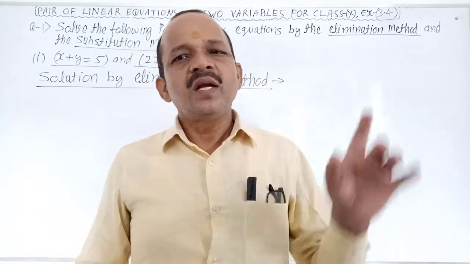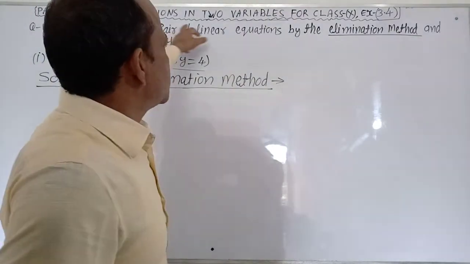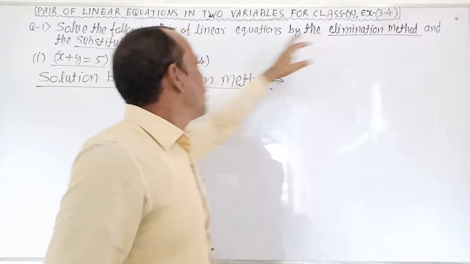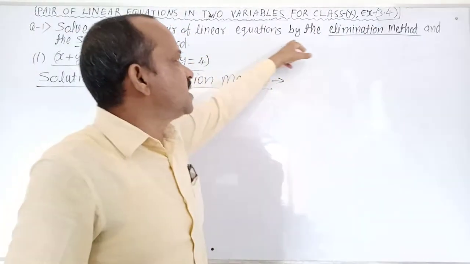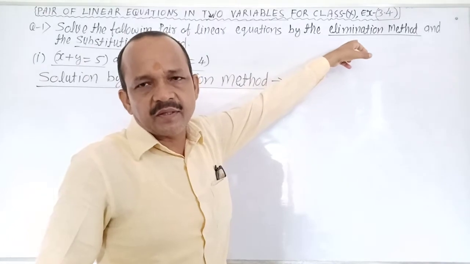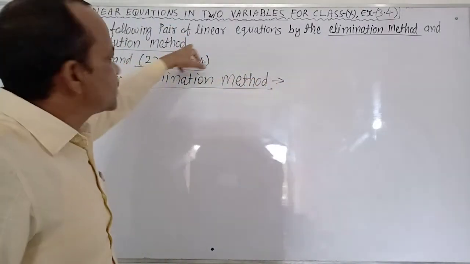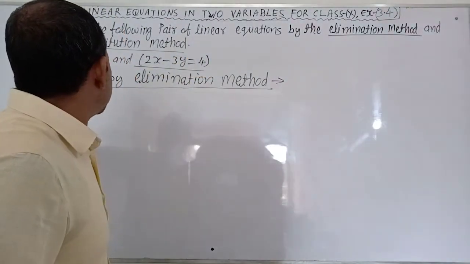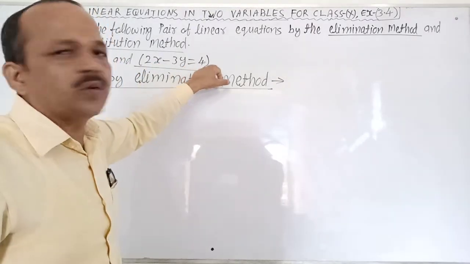Very good. See the pair of linear equations in two variables for class 10, exercise 3.4. Question number 1. Solve the following pair of linear equations by the elimination method and the substitution method. Question first part first: x plus y equal to 5 and 2x minus 3y equal to 4.